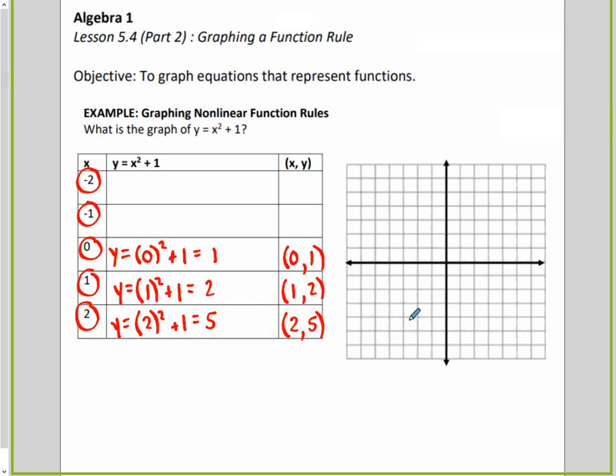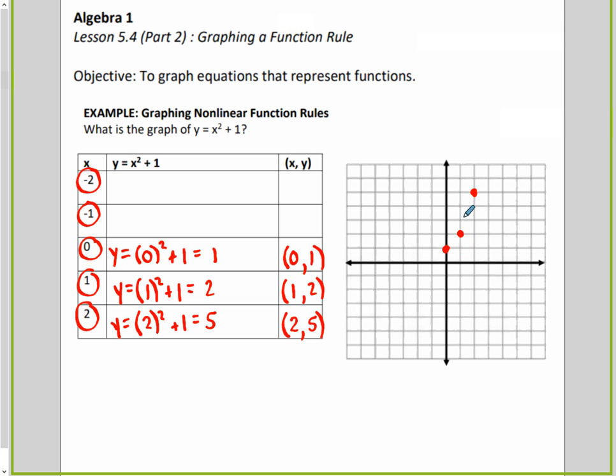So we're going to do 0, 1, which will be right here. And we're going to plot 1, 2, which is right 1, up 2. And then 2, 5, and this is where you'll see that this is non-linear. See how it's curving?